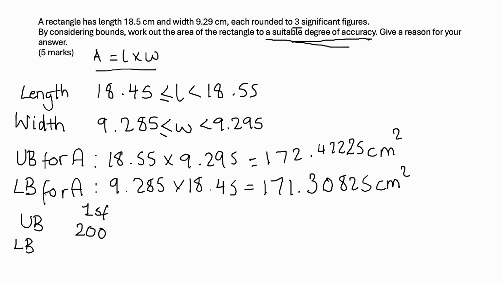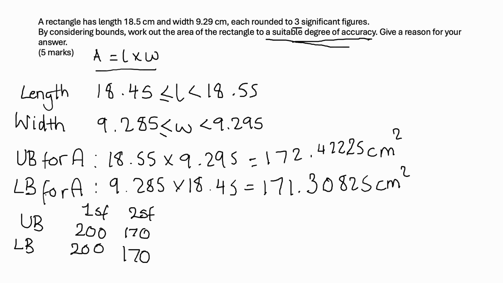Lower bound, we also get 200. Okay, they match, but can we do better? So let's look to two significant figures. If we round the upper bound to two significant figures, we get an answer of 170. And if we round the lower bound to two significant figures, we get an answer of 170.